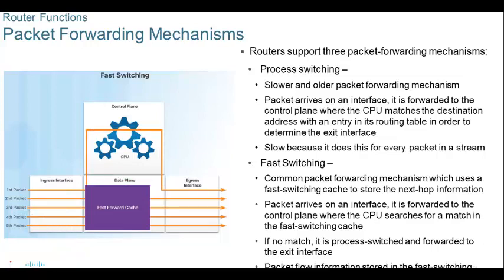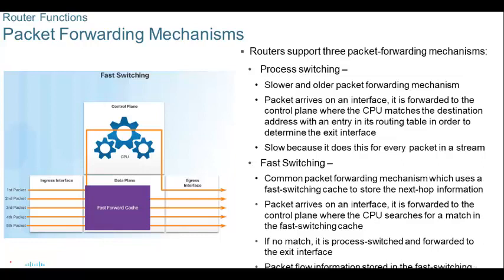The second time, you will not go up. You will straight away go to the exit interface because you already learned the exit interface for the destination. When I say you, it's not you, it's the router. The router knows the exit interface.